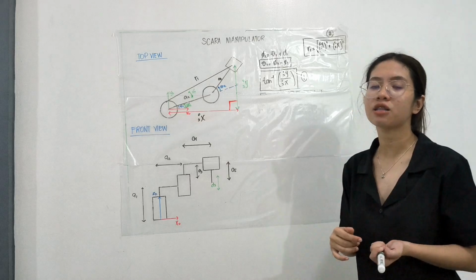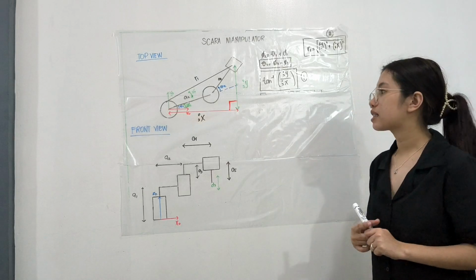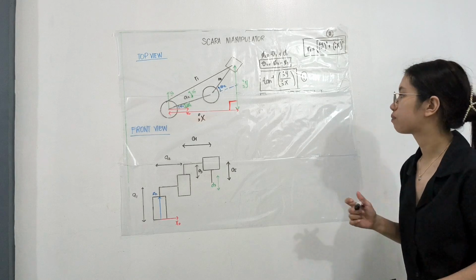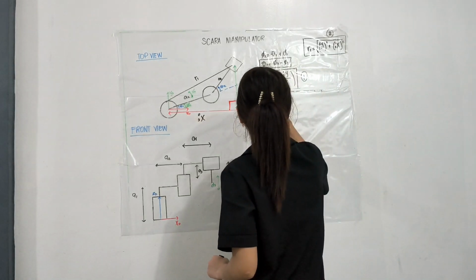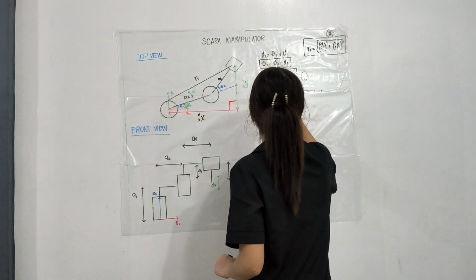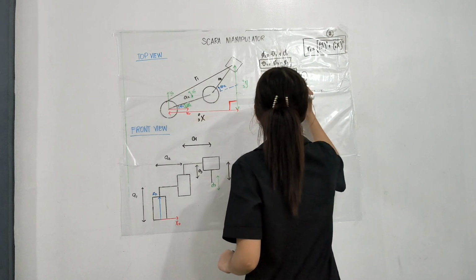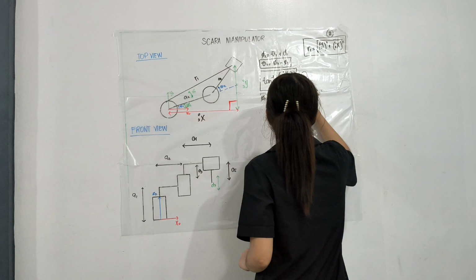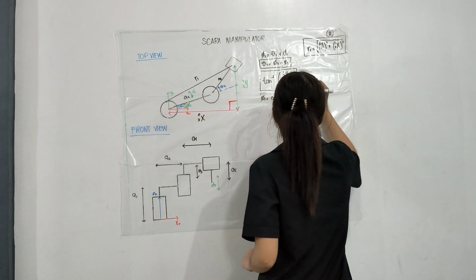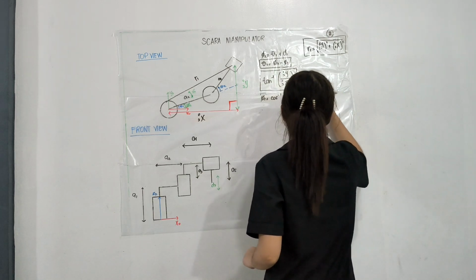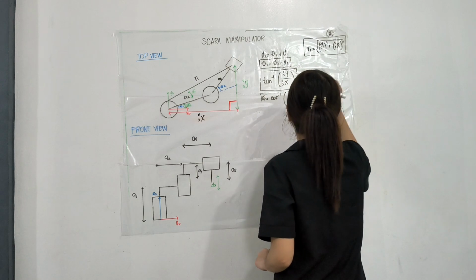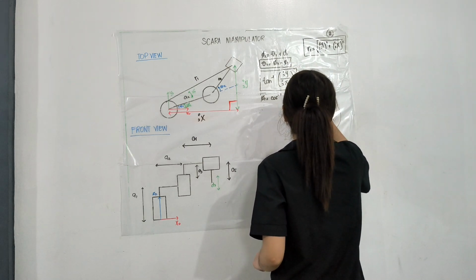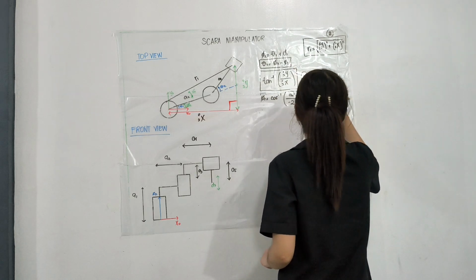Since phi sub 1, as I have said, is in a scalene triangle, we need to use the cosine law. So phi 1 is equal to inverse cosine of a sub 4 squared minus r1 squared minus a2 squared over negative 2 r1 a2.